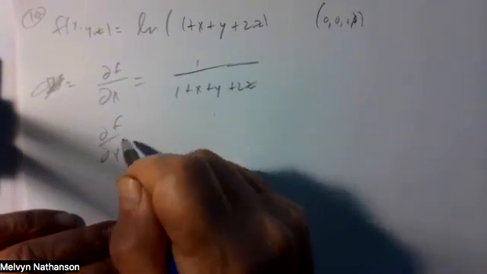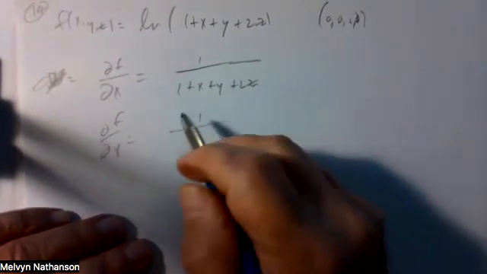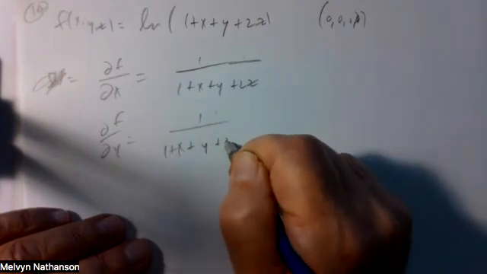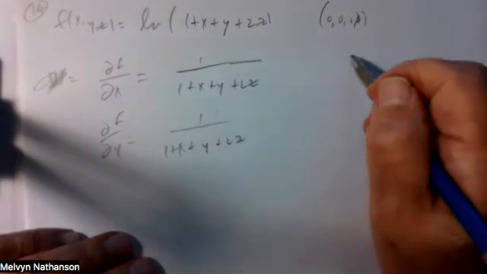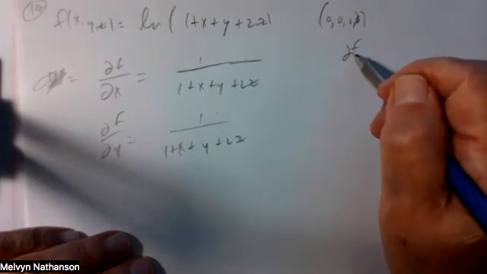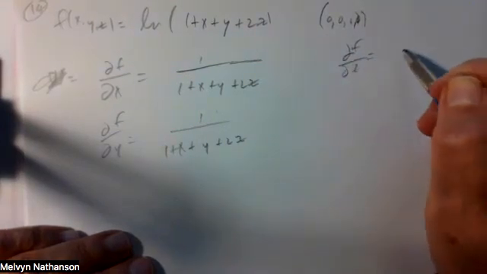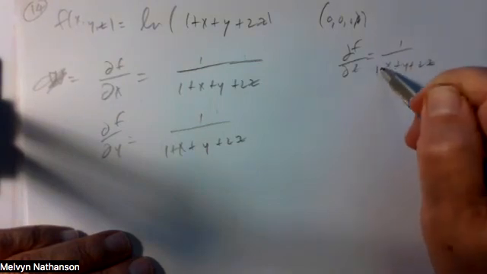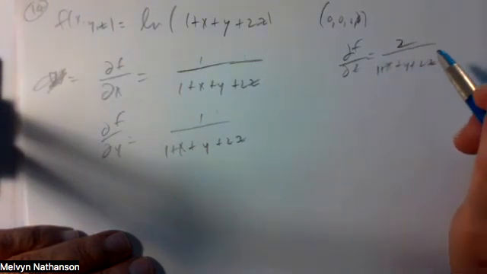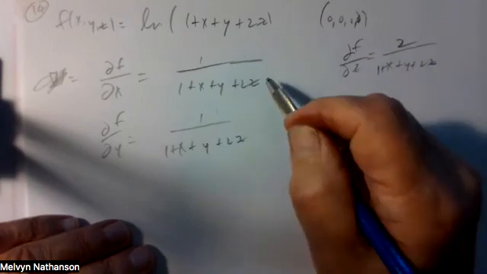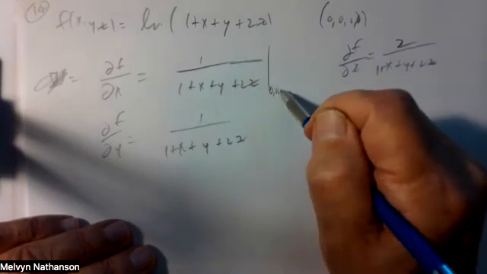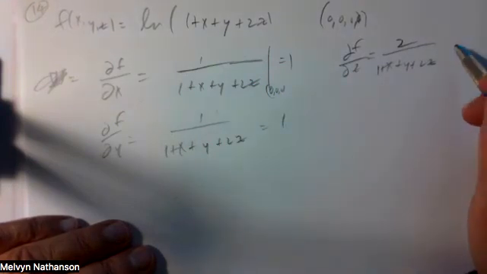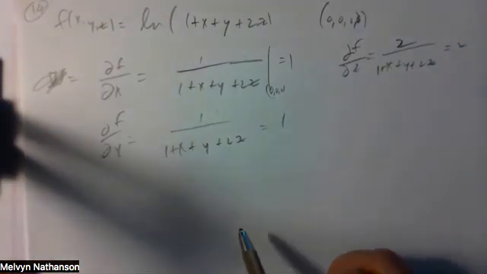Partial of f with respect to y is 1 over 1 plus x plus y plus 2z. Partial of f with respect to z is 1 over 1 plus x plus y plus 2z, times 2. When I evaluate this at 0, 0, 0, this is 1, this is 1, and this is 2.